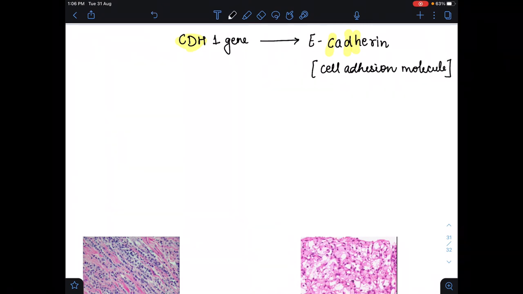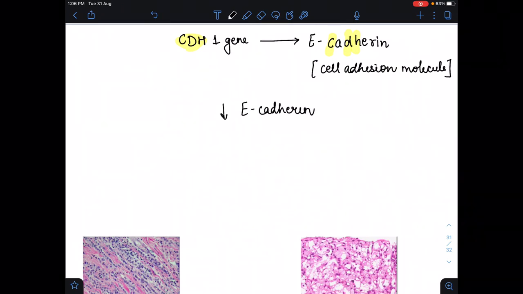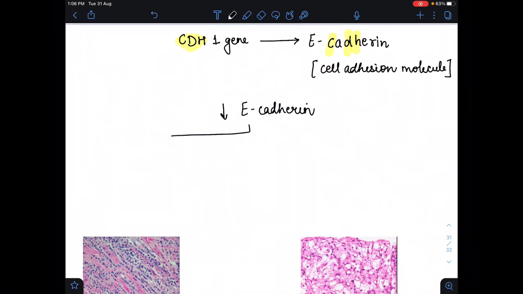So what will happen if there is a decrease in the E cadherin level? If there is a decrease in E cadherin level, then two things will happen.